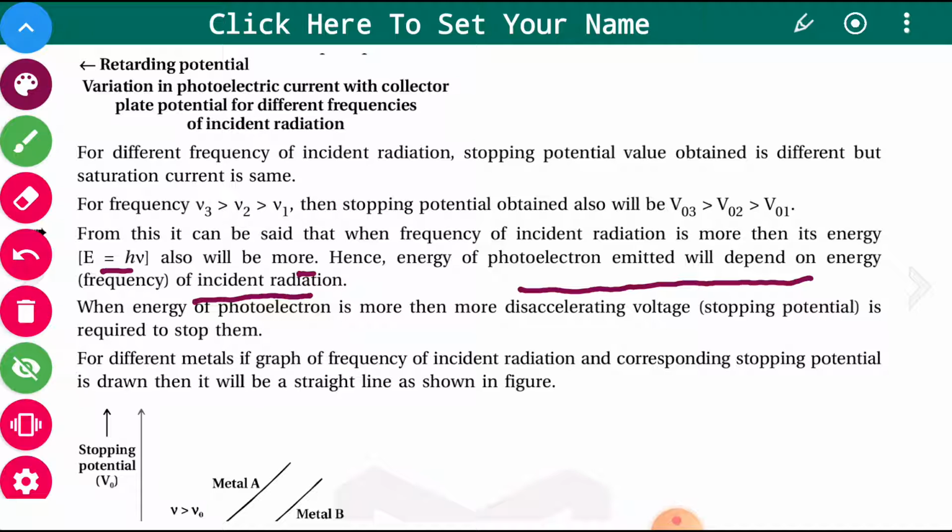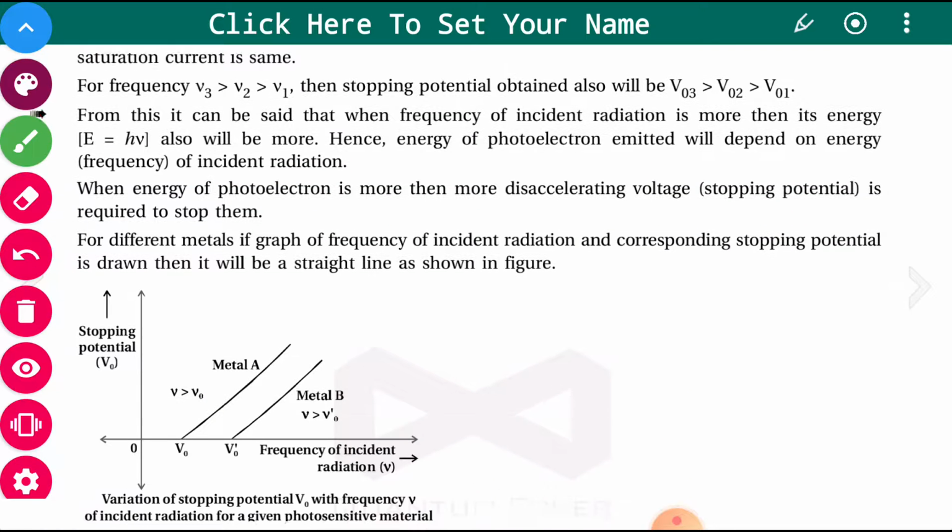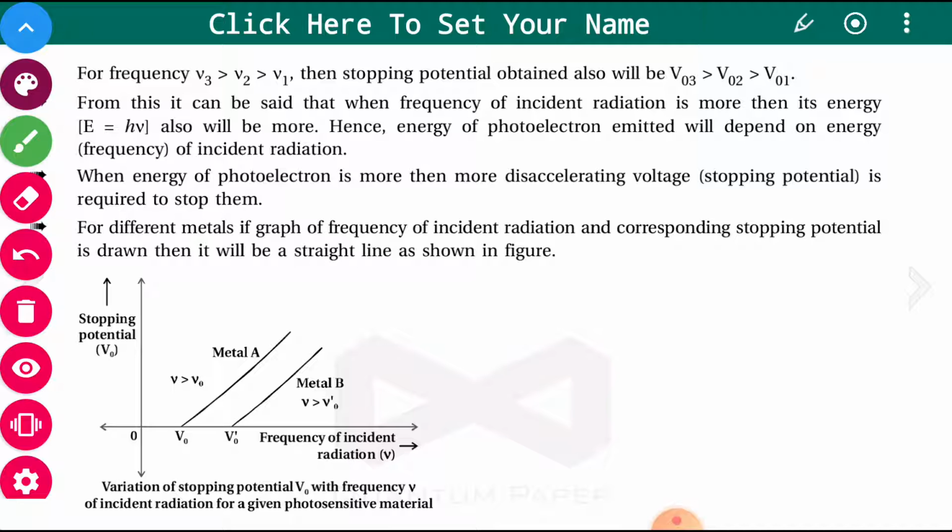When the energy of the photoelectron is more, then more decelerating voltage, that is stopping potential, is required. So as the energy of this photoelectron is more, you require more voltage, or decelerating voltage or stopping potential is needed.